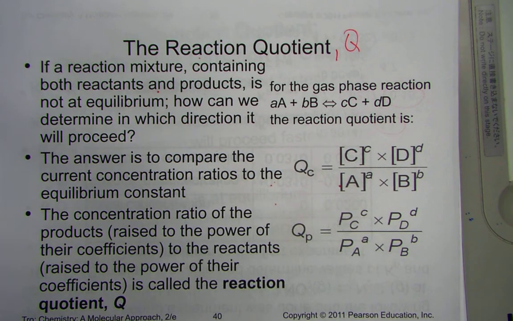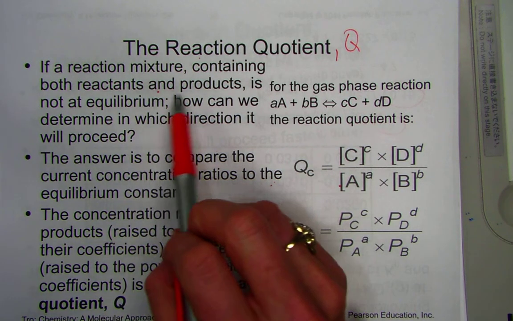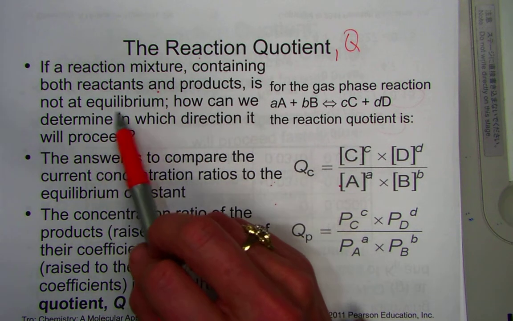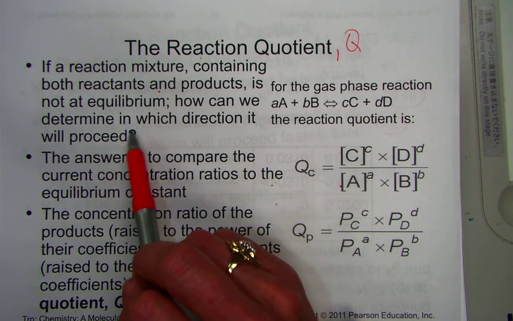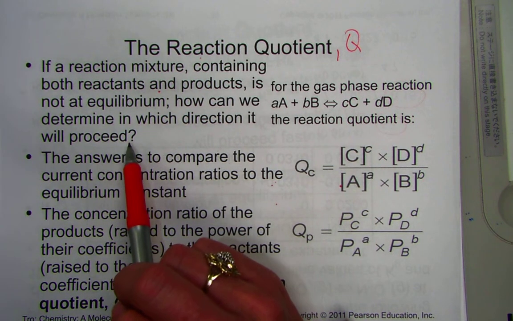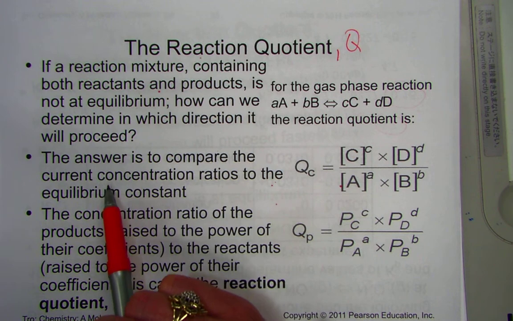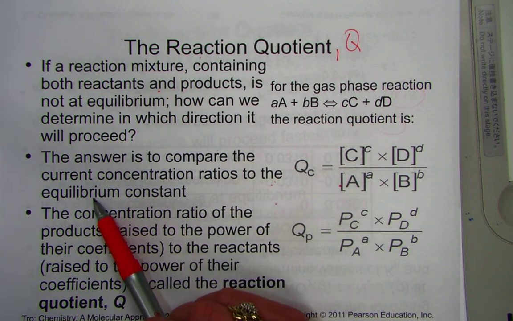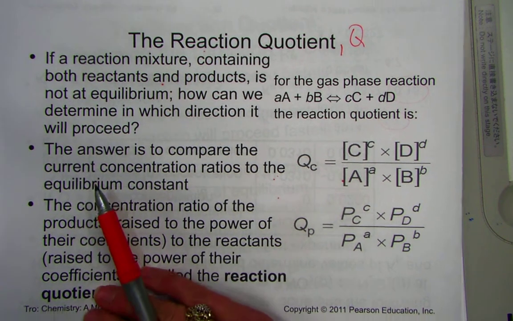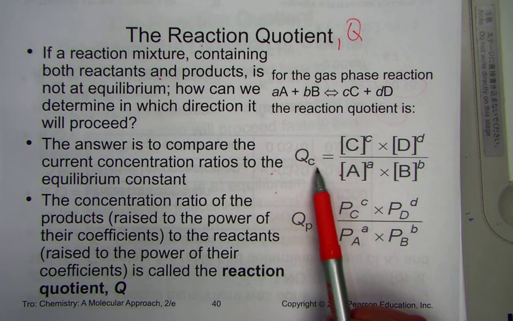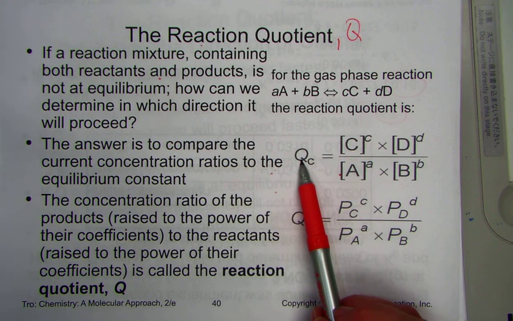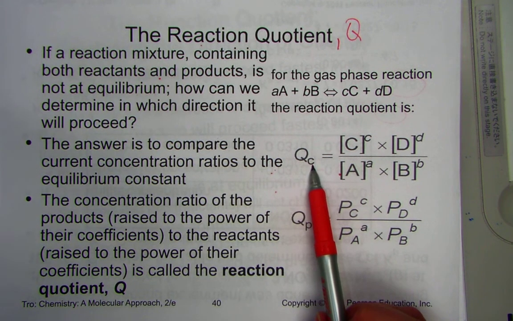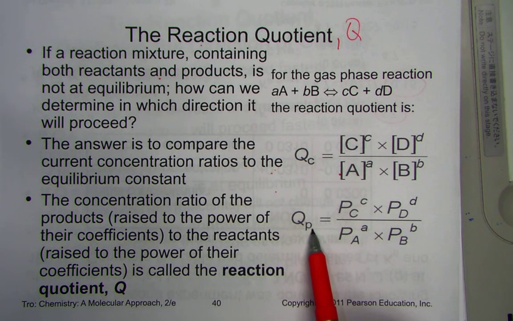If a reaction mixture containing both reactants and products is not at equilibrium, how can we determine in which direction it will proceed? The answer is to compare the current concentration ratios to the accepted equilibrium constant K. Equilibrium constants can be calculated for concentrations or for partial pressures.